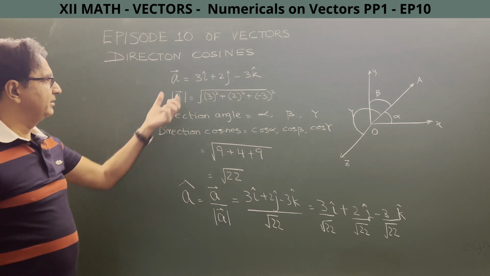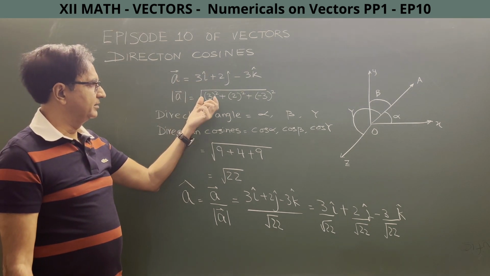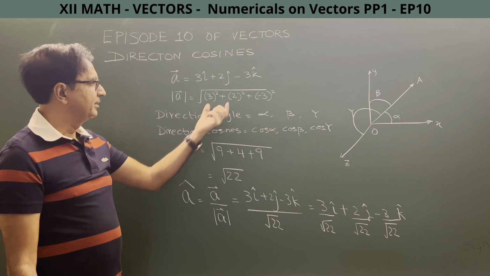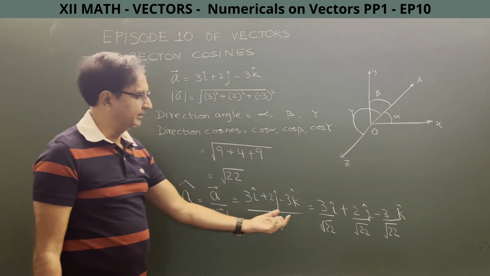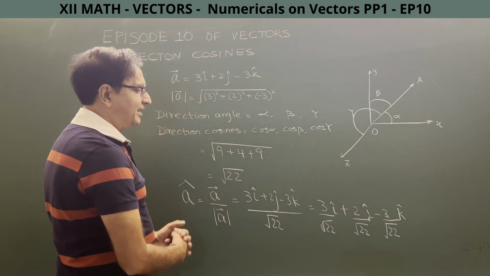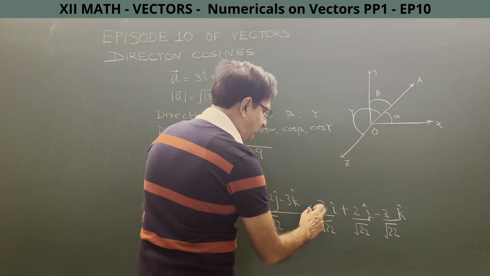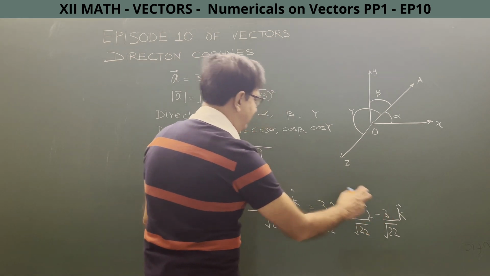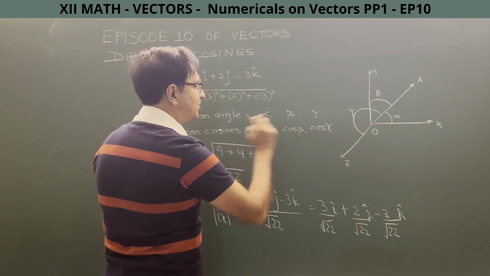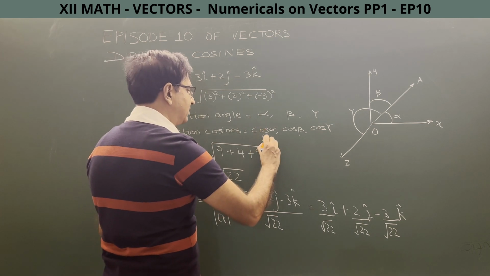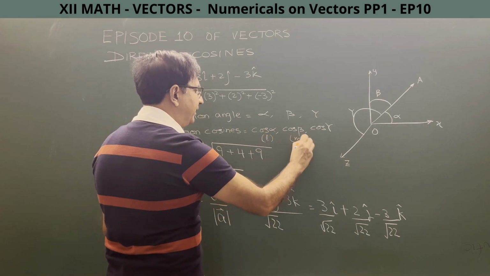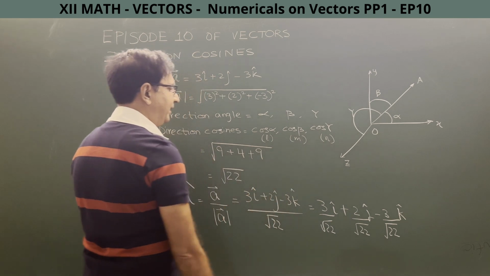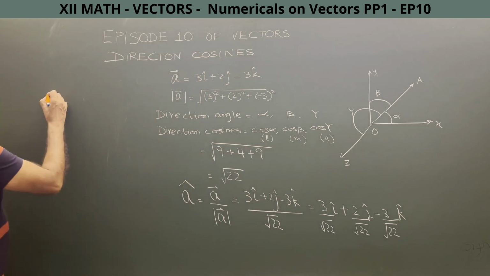You have converted the vector into a unit vector by dividing by its own magnitude, and then you separate it out. Now the magic is here. The coefficients of i, j and k are nothing but the direction cosines, and we will give them the symbols l, m and n.